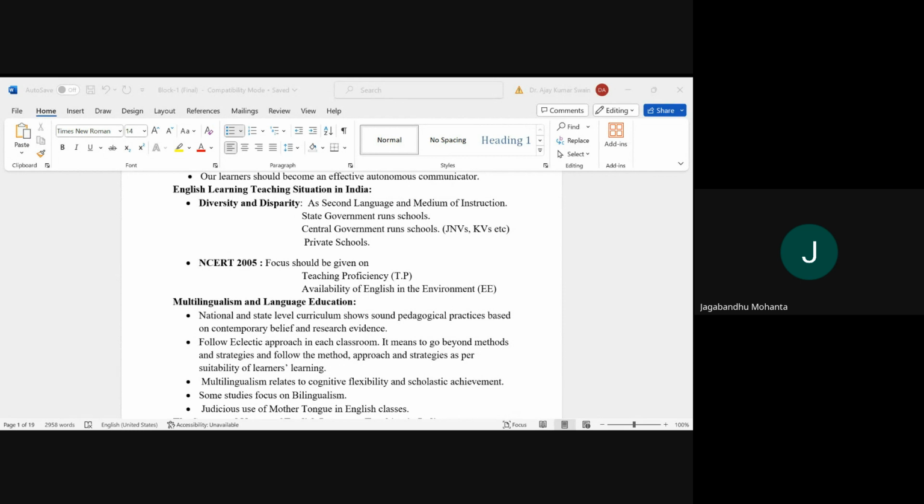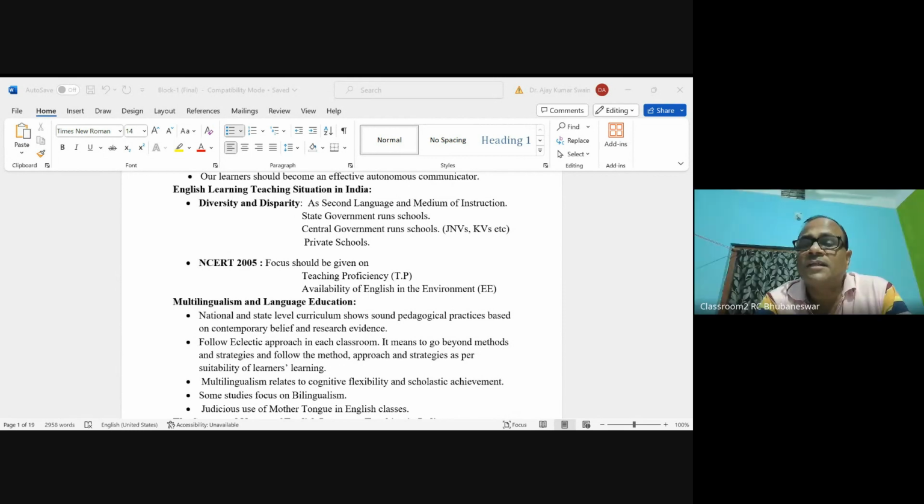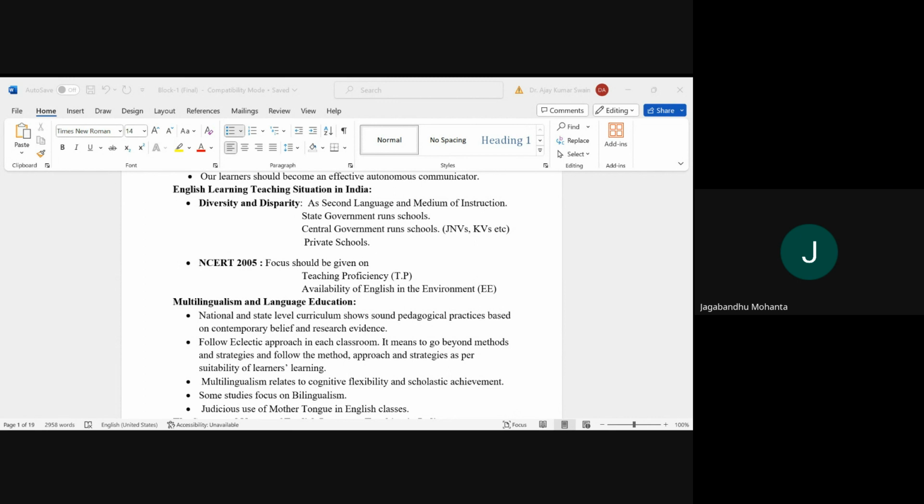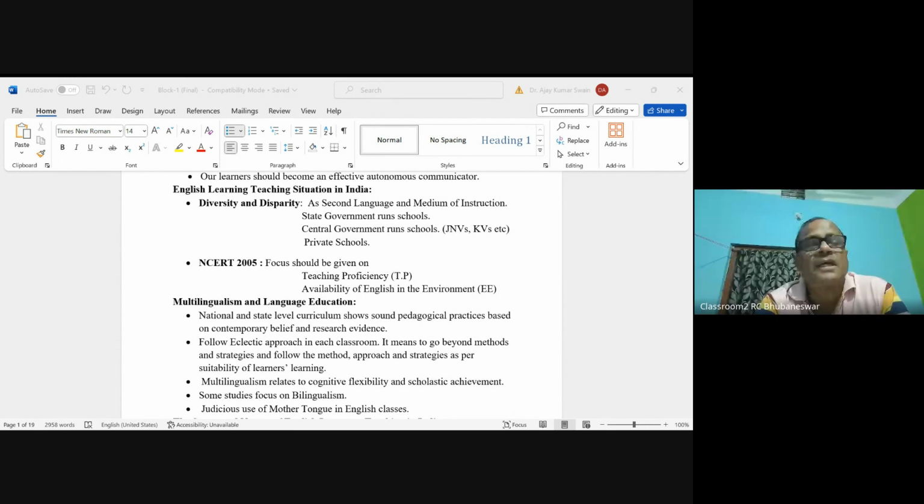Hostel facility. Yes. The learners, please mute. The learners are residing in the campus. They talk with their friends, seniors, juniors, teachers.